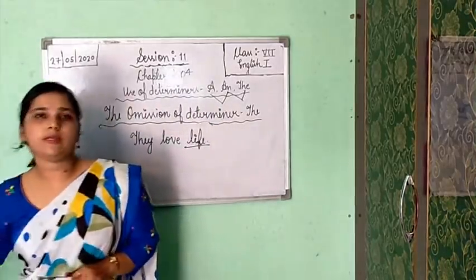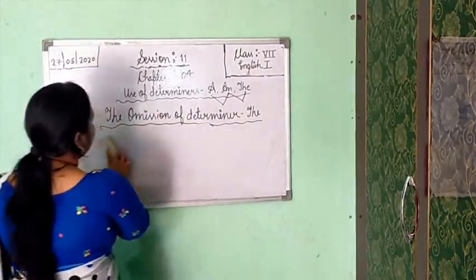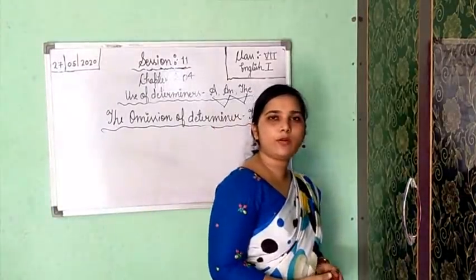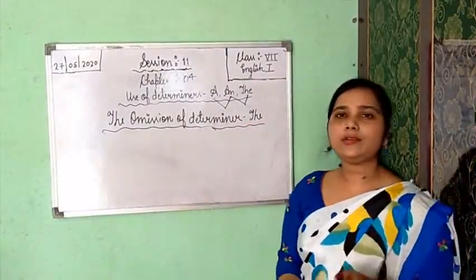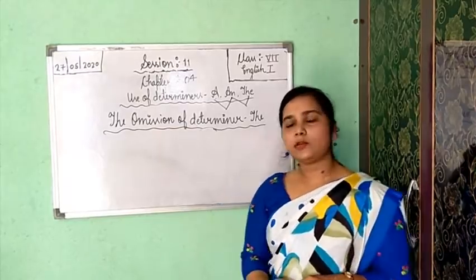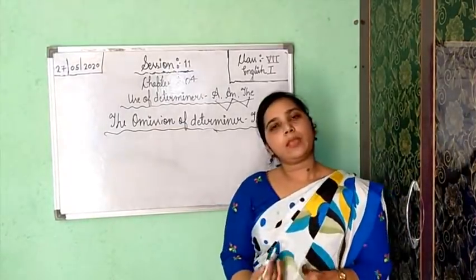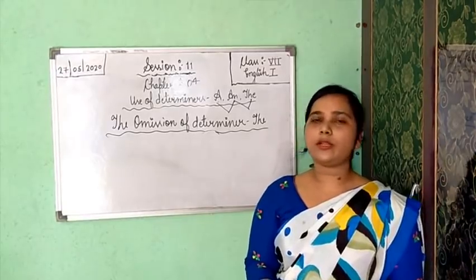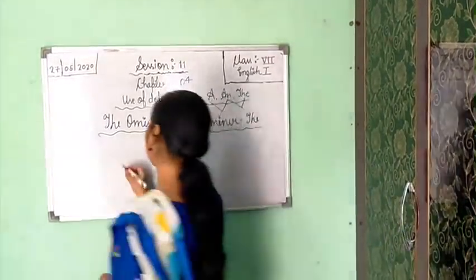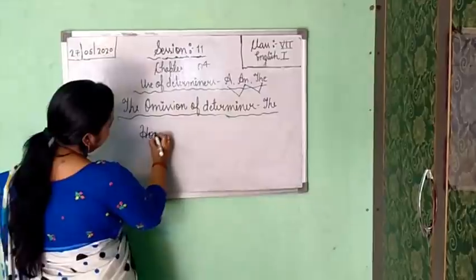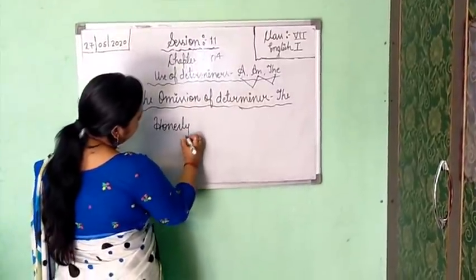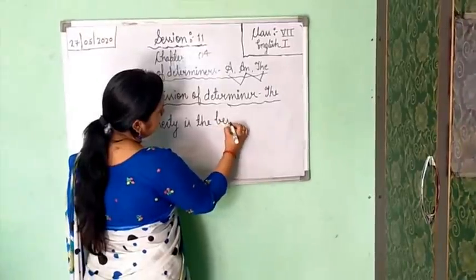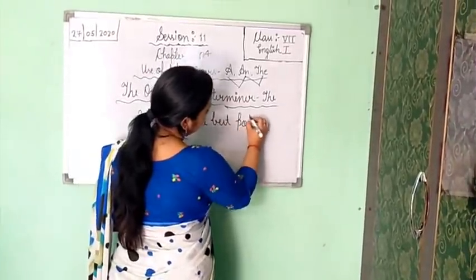Now the third point is, if it is an abstract noun, you know very well what an abstract noun is. It shows feeling, emotion, or idea. So before an abstract noun, if it is used in a general way, you will not use the determiner the. For example, the best and most common example is, honesty is the best policy.